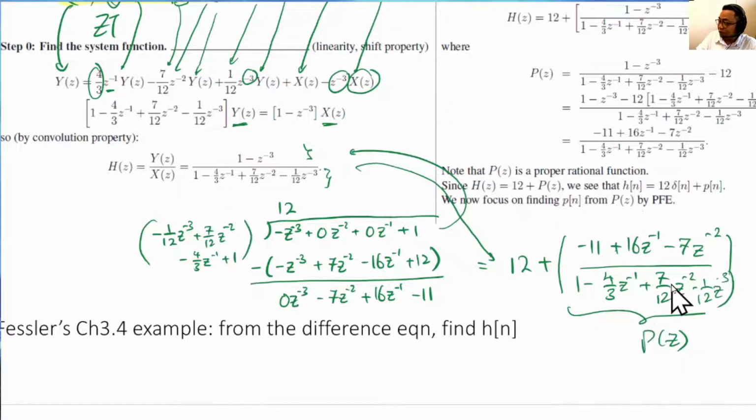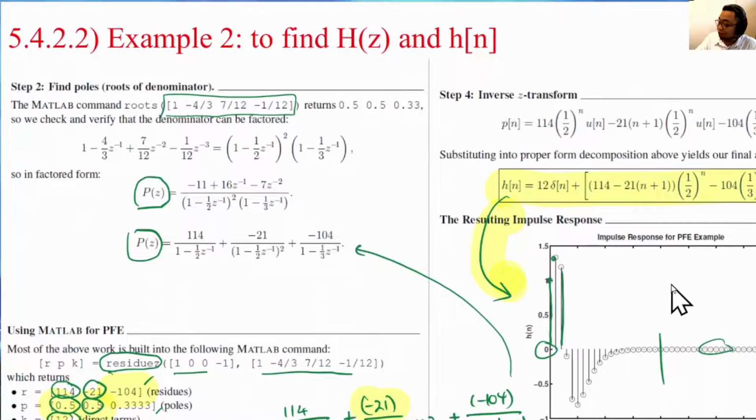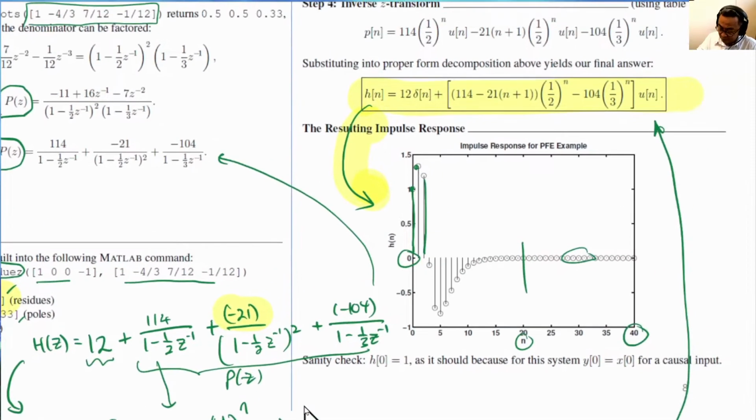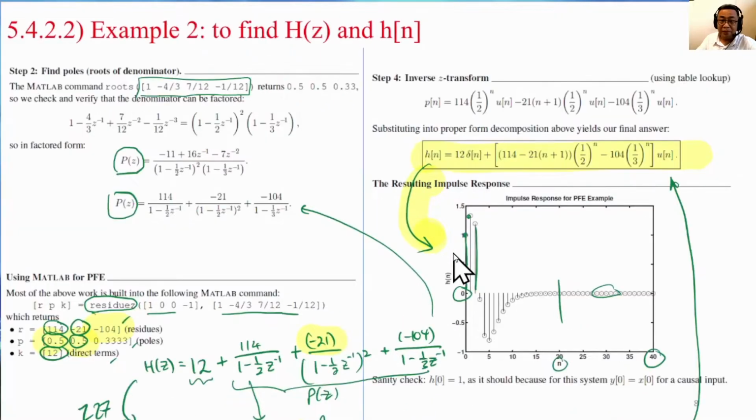We use P of z and we perform partial fraction to get it into this form, in which we can use the inverse z-transform table to do it term by term. Finally, we can get the answer over here of h of n, and then we can plot. So this ends our discussion for this example 2. Thank you.